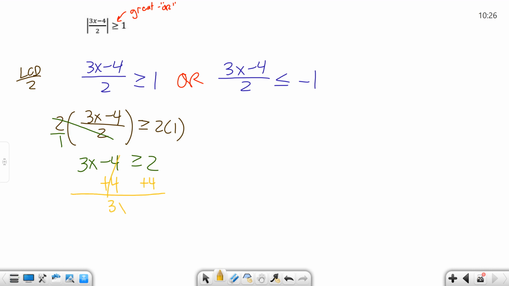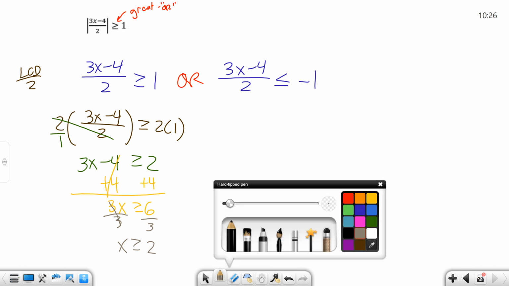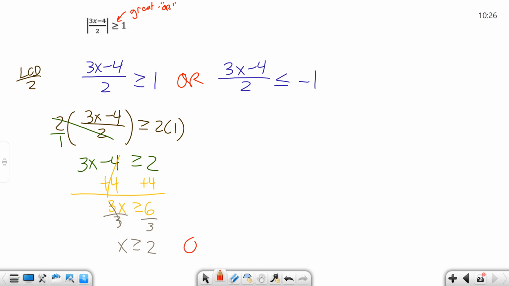That cancels. I get 3x is greater than or equal to 6. And then divide both sides by 3. So then x is greater than or equal to 2. And I still have my or. However many steps this takes, when I get down here, I still have that or, right?